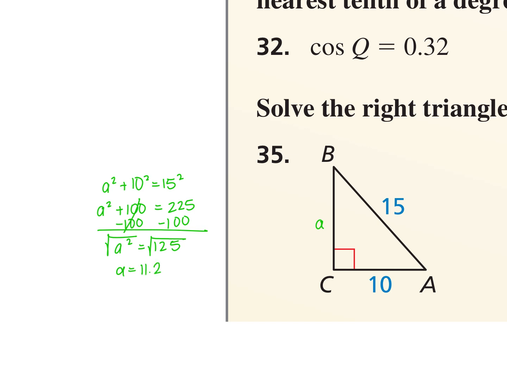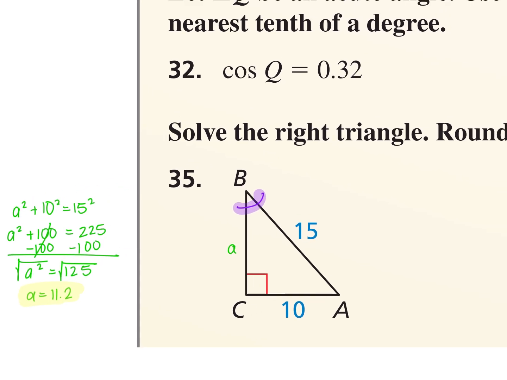All right, next, I'm going to go ahead and solve for angle B. Right here, I'm using my SOHCAHTOA. Let me write it out. So using SOHCAHTOA, solving for B. Keep in mind I'm solving for the angle, and I'm going to use what they gave me, my 15 and my 10. So I'm going to use sine B equals opposite over hypotenuse, 10 over 15, and I'm solving for my angle.